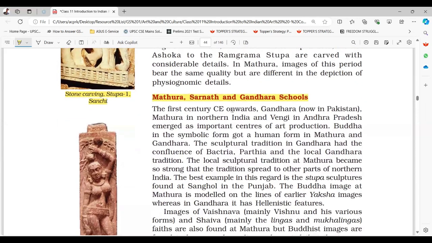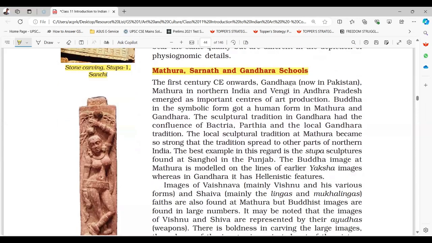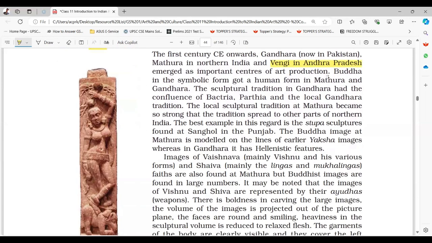From the first century CE onwards, Gandhara, now in Pakistan, Mathura in northern India, and Vengi in Andhra Pradesh emerged as important centers of art production. Buddha, in the symbolic form, got a human form in Mathura and Gandhara. This cultural tradition in Gandhara had confluence of Bactria, Parthia, and local Gandhara tradition.